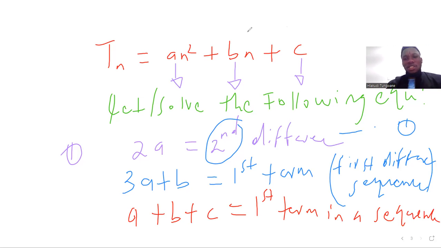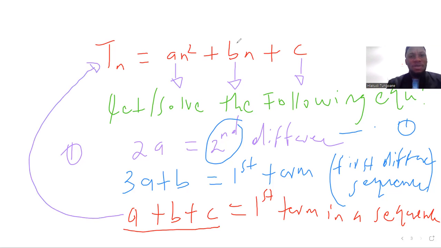This is your original sequence, right? So essentially, this is how a plus b plus c came about. When you substitute T1, which is the first term, into the general term formula here, you're going to have a times 1 squared plus b times 1 plus c.